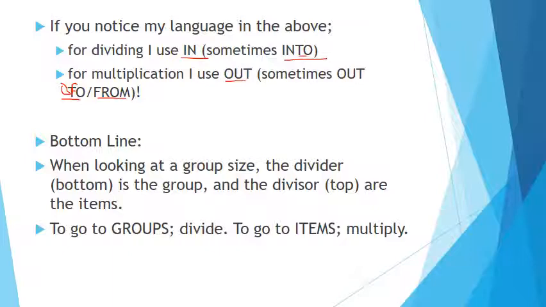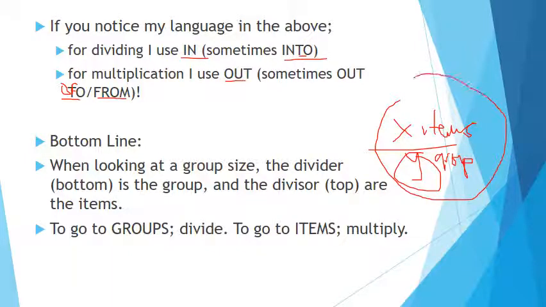The bottom line, when looking at group size, the divider, this guy down here, is going to be your group, and these are your items to be grouped. This whole thing is the grouping side. So to group, you divide into, and to get items, you multiply out of.